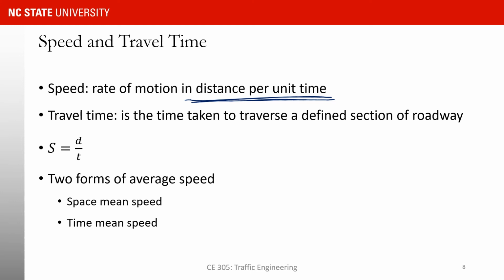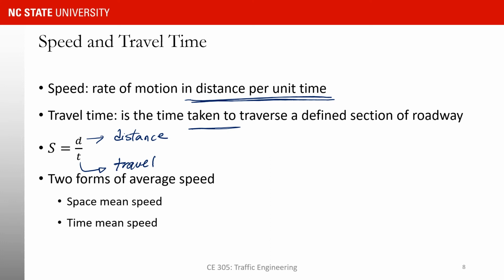Travel time is the time that is going to take us to go from one point to the other point, or travel a section of a road. So if that time is shown by T and the distance is shown by D, speed is going to be the ratio of those. So far, so good, right?